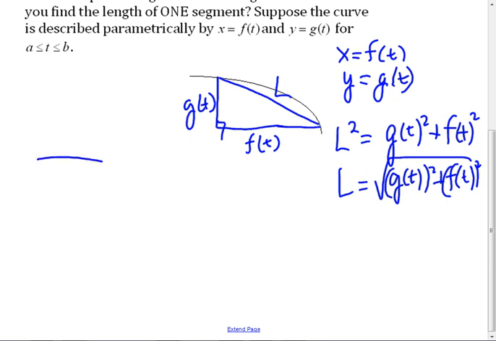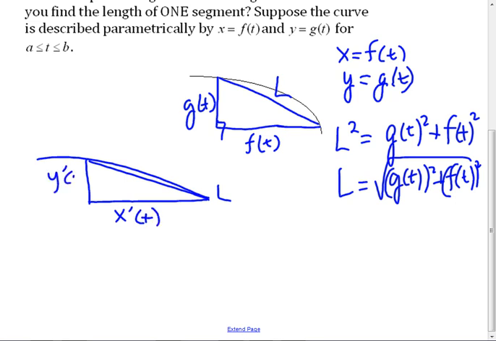So when you're doing arc length, just remember what the formula is. I want the rate of change, so this is x prime of t, and y prime of t, because you're going to add it up. Remember, if I want the position, you integrate the velocity.